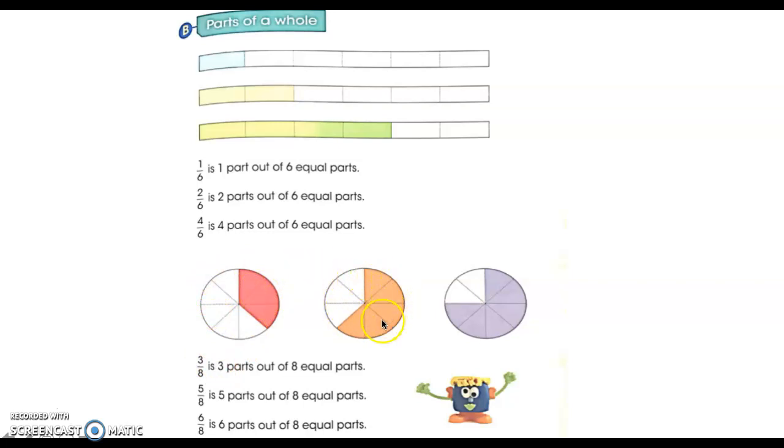Now here they have colored 5 parts, so 5 parts over whole. In the whole we have 8 parts. The whole circle is 8 parts. The whole circle is divided into 8 equal parts. So 5/8 means 5 parts out of 8.